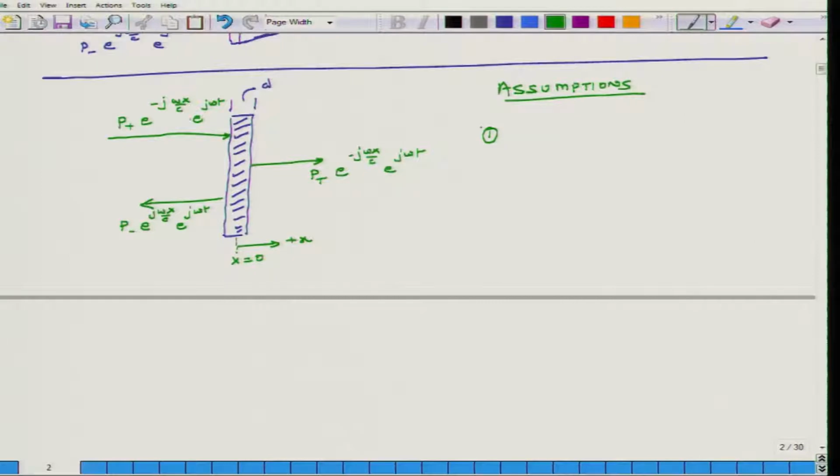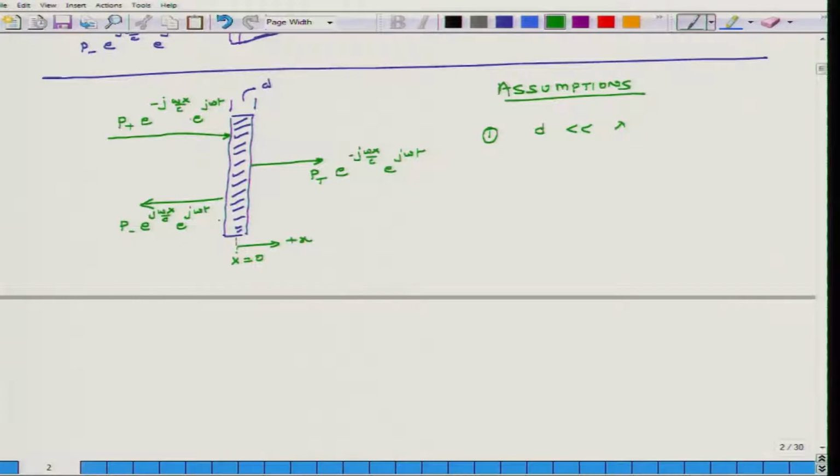The first assumption is that d, which is the thickness of the wall, is very small compared to lambda. So, if I am striking this wall with a particular frequency, the thickness of the wall is extremely small compared to the wavelength. What does that mean?